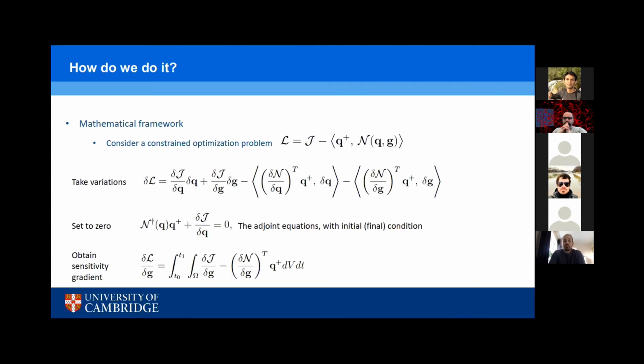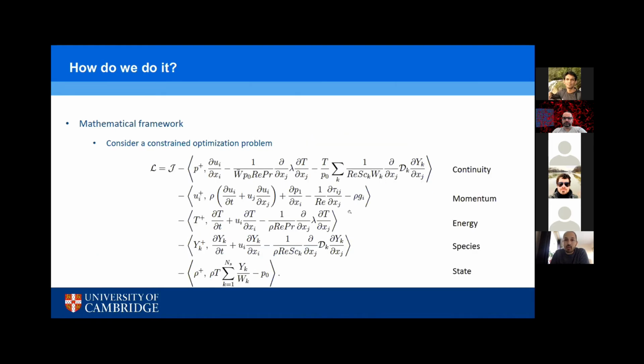So what I've represented here is just the general framework. It is just a simple optimization problem. We have considered a general functional form M, and what we're interested in this project is to implement it for the Low-Mach number variable density equations. So we rewrite our functional L now in terms of the actual Low-Mach number equations.